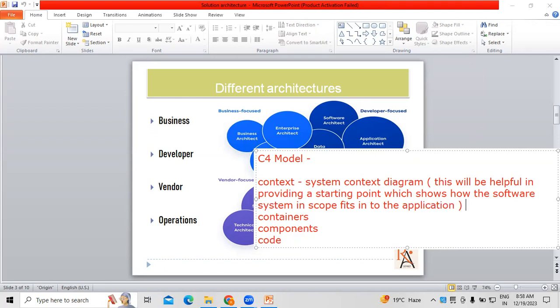This is what the system context diagram is generally used for.